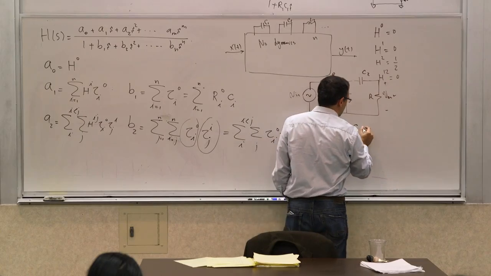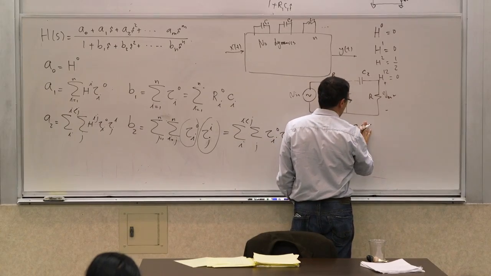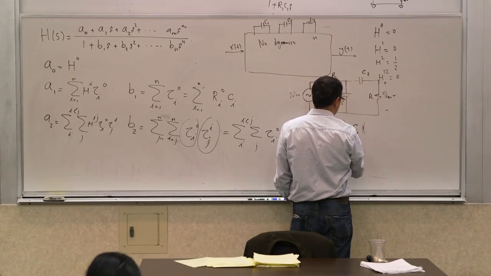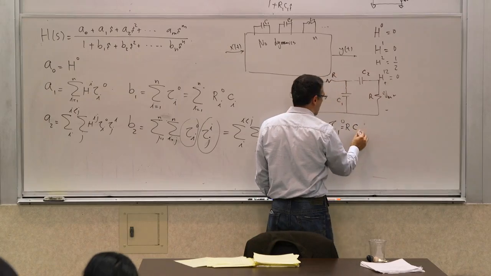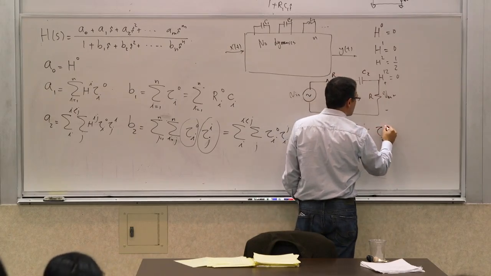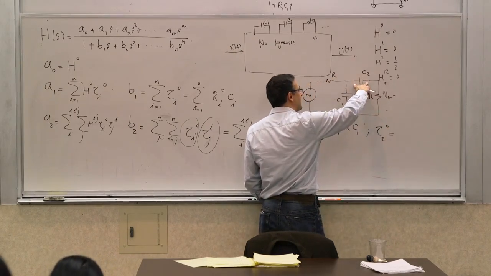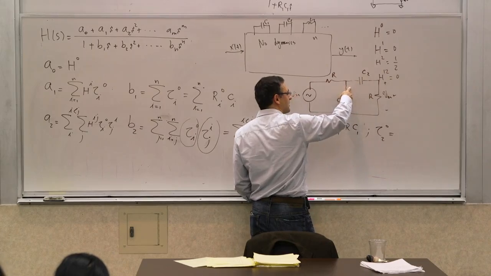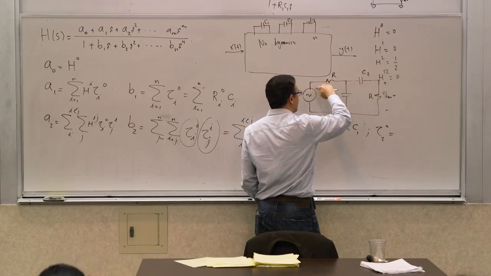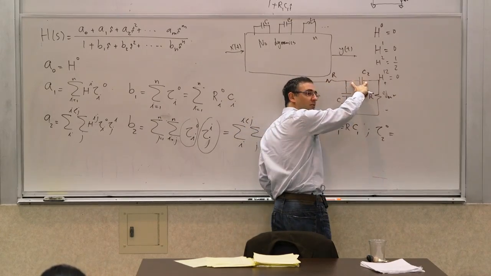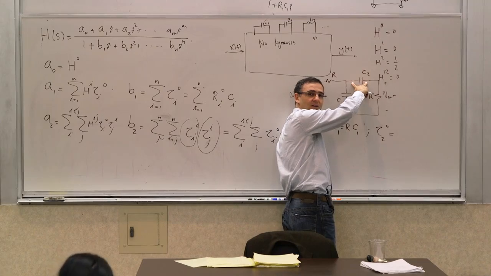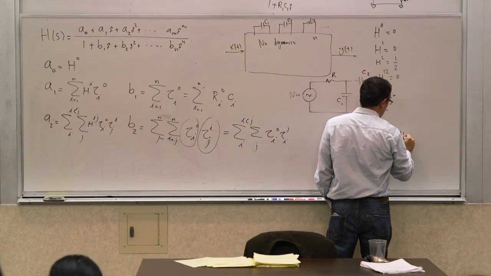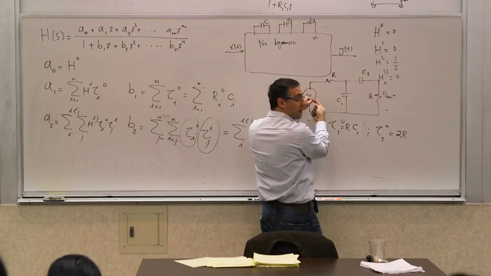R. So it becomes C1R, or RC1. What is tau 2,0? What is the resistance seen by this guy when the other guy is open, zero valued, and this is short-circuited? What is the resistance seen across here? 2R, because you see 2R going around.